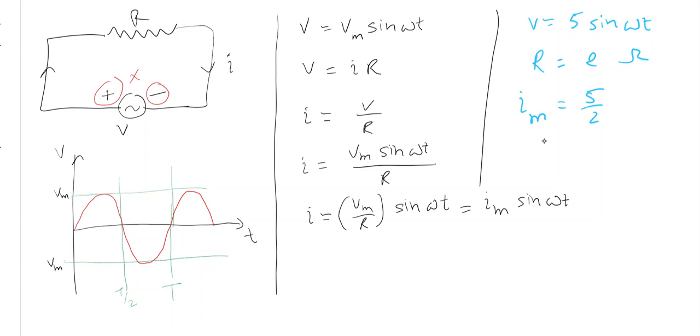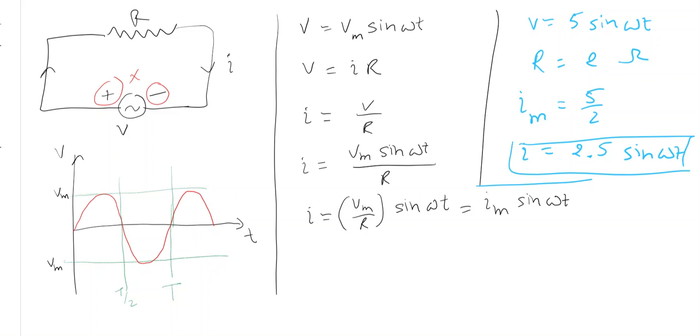So then the equation is 2.5 sine omega t. So that is Im, and then the current equation is I is equal to Im sine omega t.